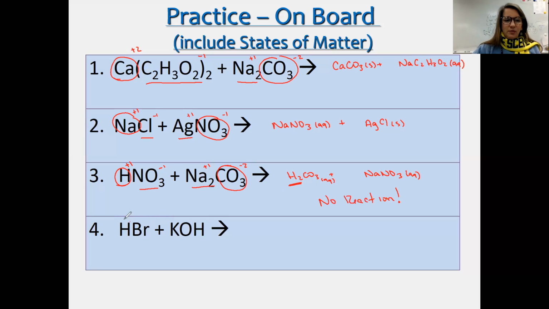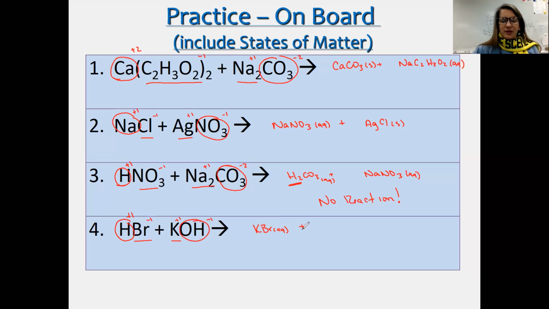Then number 4, we're going to put our outsides together. We're going to put our insides together. Hydrogen, because it's in group 1, is +1, -1, +1, -1. Now, when you put this together, I'm going to put the KBr first. We know that's aqueous because alkali metals are always aqueous.